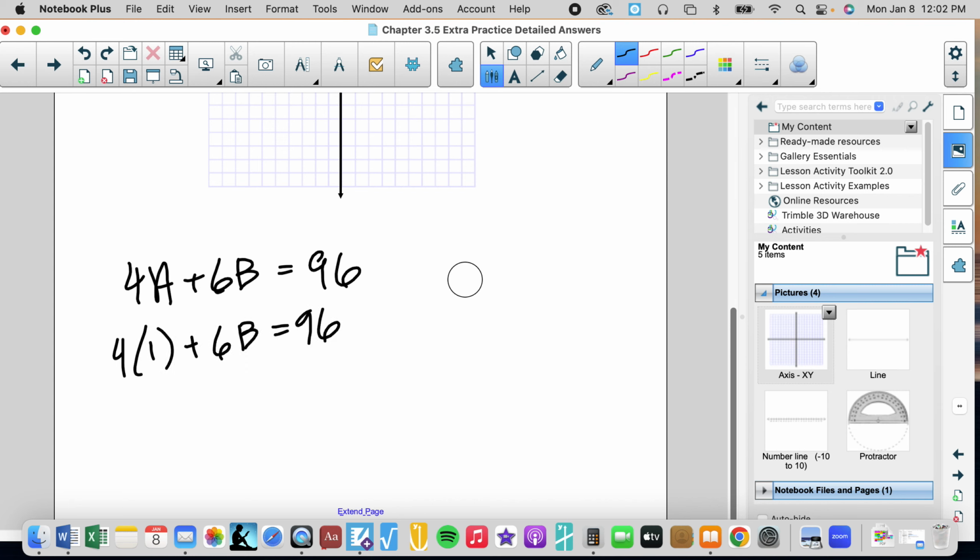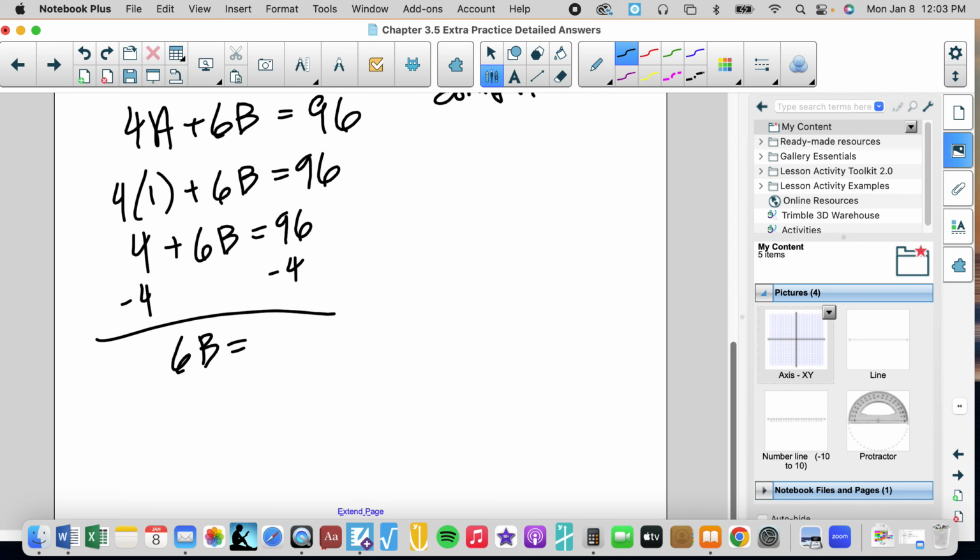So that gives me 4 plus 6b equals 96. Let's minus 4, minus 4. So 6b equals 92. Divide by 6, divide by 6.